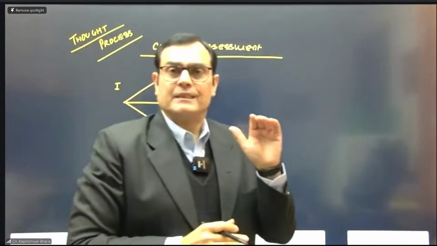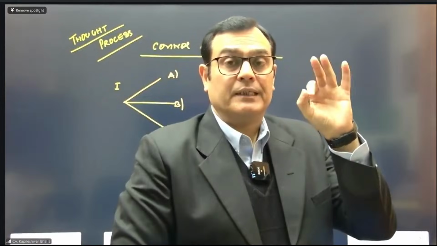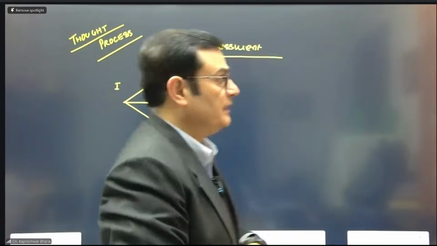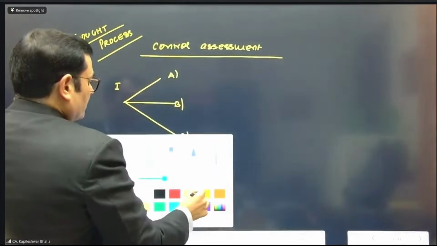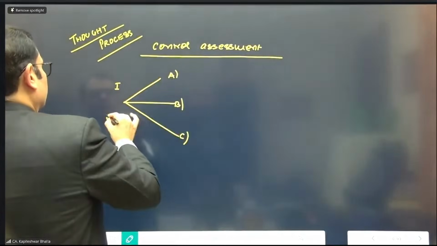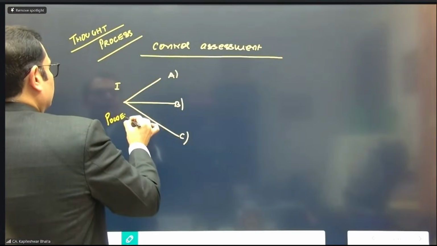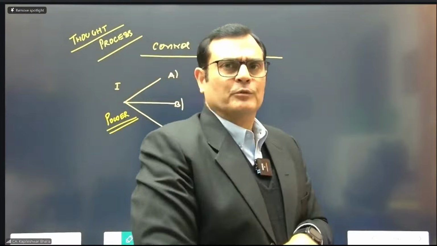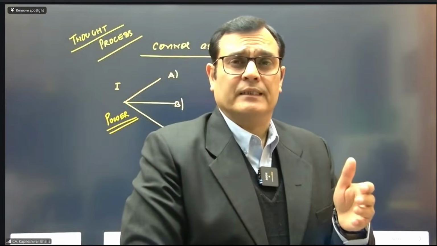You want to make an assessment of control. Let's get the chain very clear. I'll say, okay, tell me, do you have power over the investee? So chain number 1 is, do you have power over the investee? Now, somebody would say, what do you mean by the concept that you've got power over the investee?